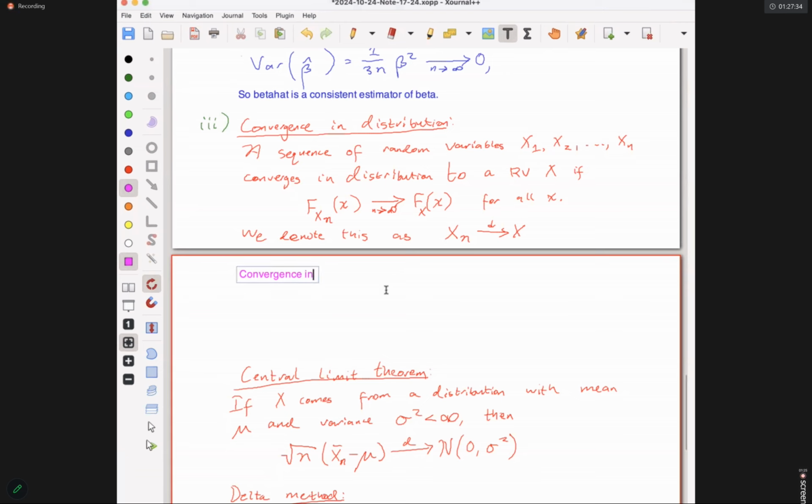Okay, convergence in probability implies convergence in distribution. And convergence in distribution to a constant implies convergence in probability to that constant.